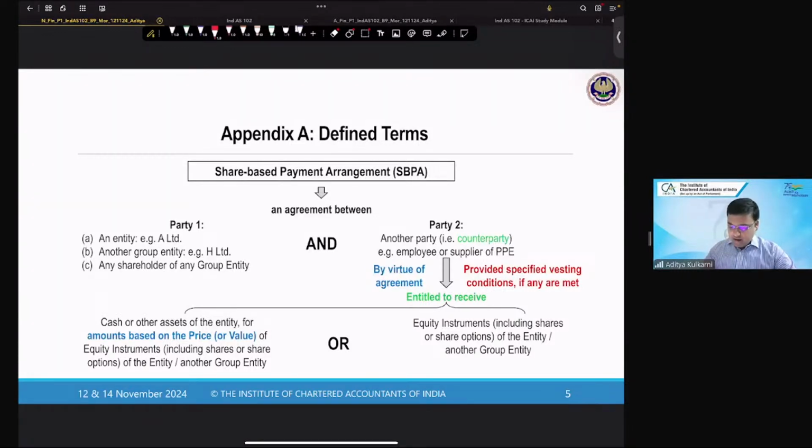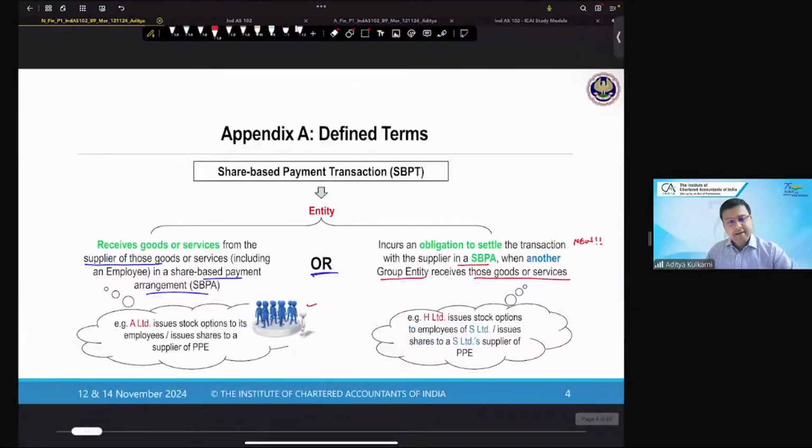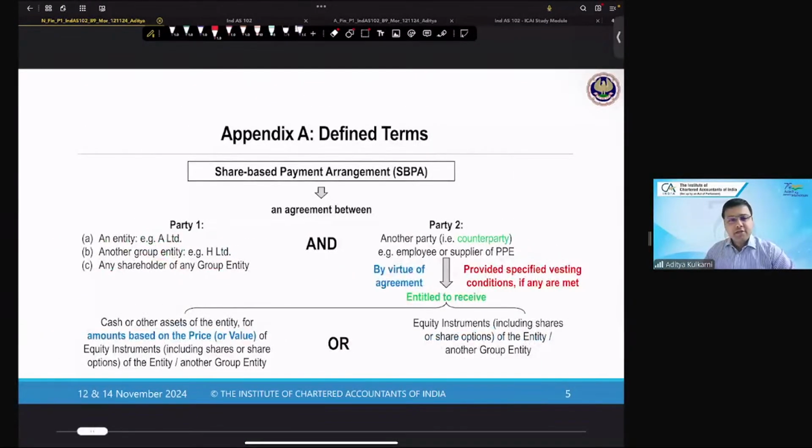This is a further elaboration of that definition. In a share-based payment arrangement, what do you mean by share? This was share-based payment transaction. This is a share-based payment arrangement. We have two parties, party one and party two.